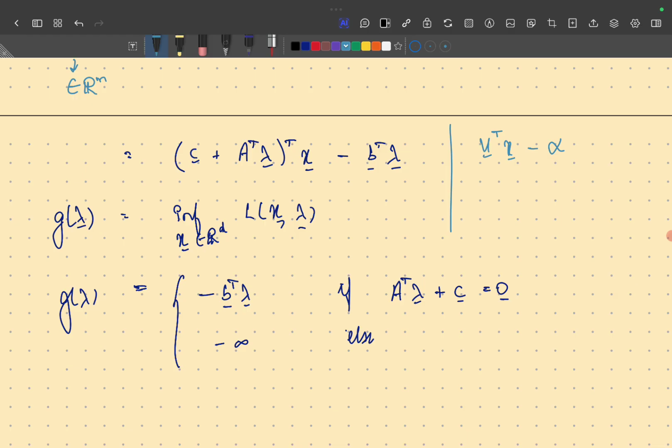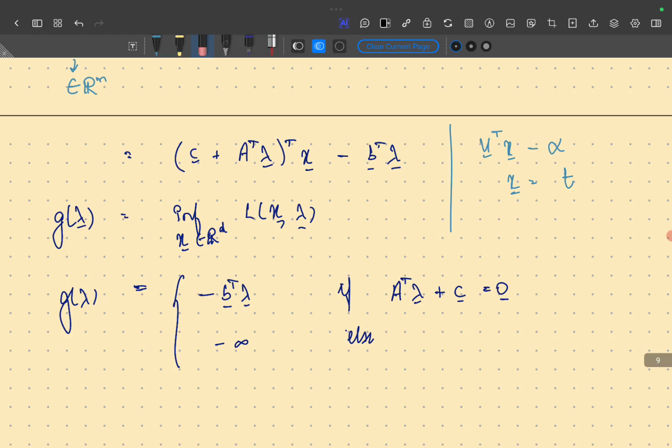One way to see why that is the case, again, we can play the trick that we did in the previous class for a slightly different problem. So x is allowed to take any value, right? Firstly, u transpose x minus alpha is greater than or equal to minus infinity, that's a trivial fact.